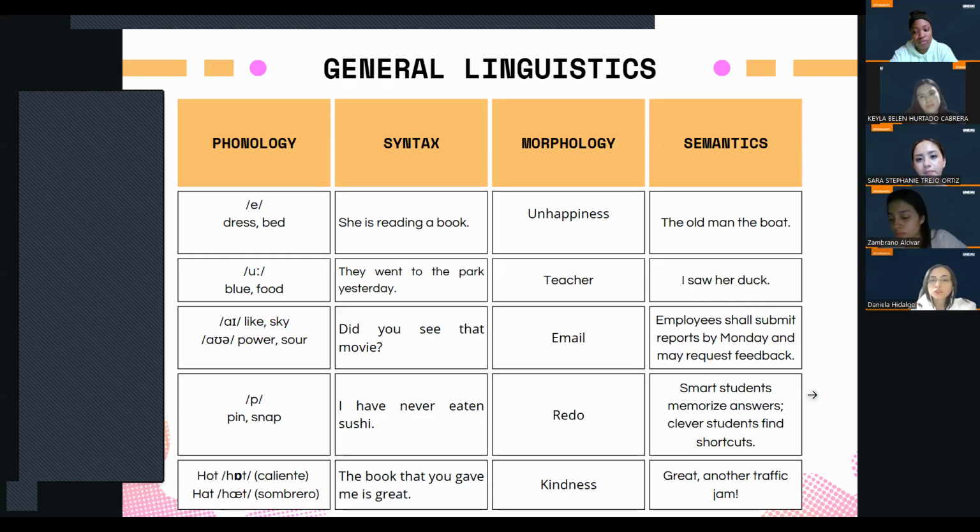This helps us to identify false friends that are evident in some languages. For example, clever overlaps with smart, causing errors. So semantics prevents pragmatic failures in which learners must grasp connotation, positive and negative tone, not just definition, and use context to select the right term. The last example is "great, another traffic jam," an example of sarcasm.